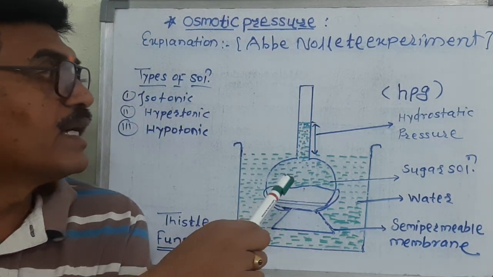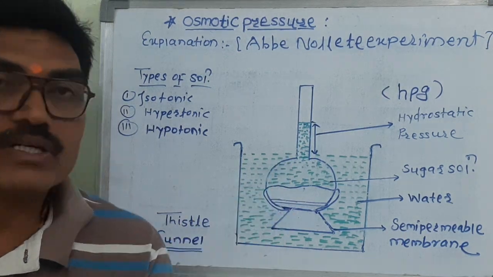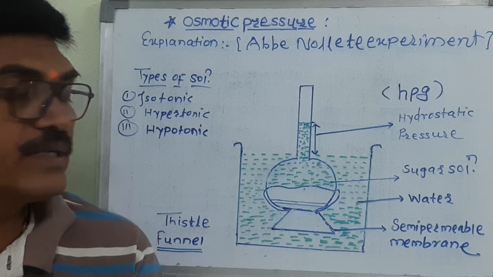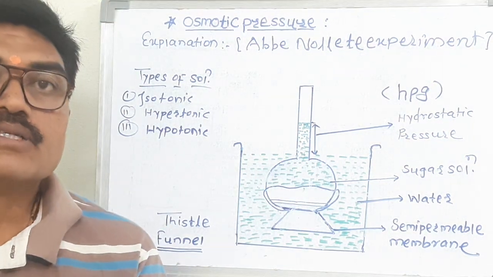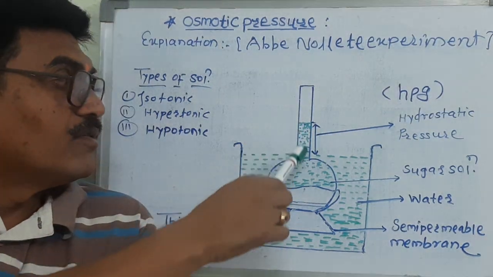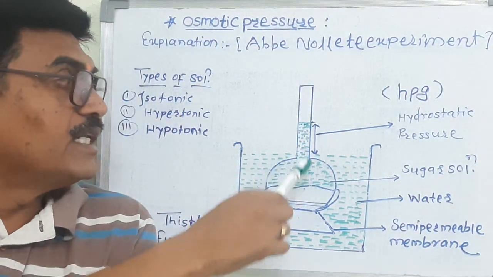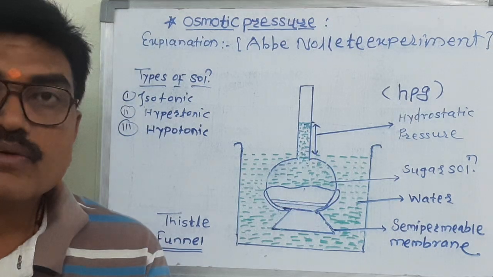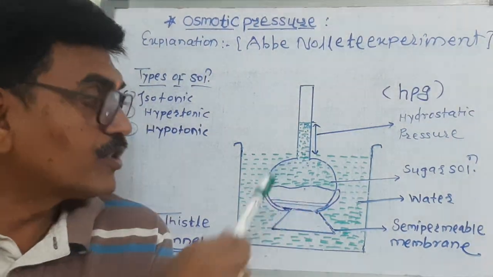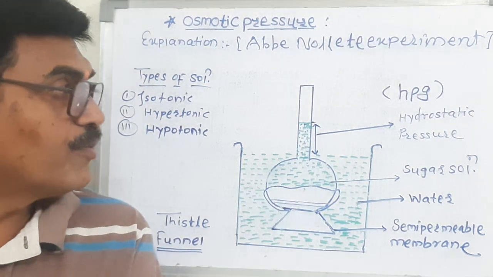So this is called the hydrostatic pressure. Try to understand: this is the excess pressure, because of the liquid column, which stops the phenomenon of osmosis or the process of osmosis.